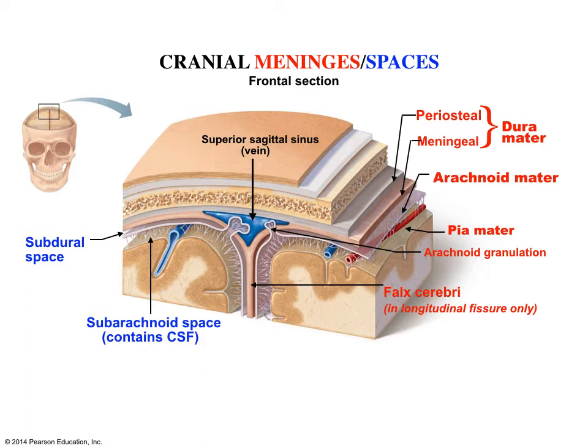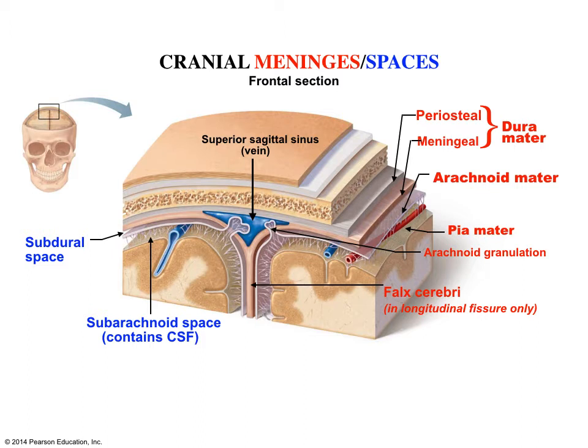The dura mater has two parts, periosteal and meningeal. In most areas, the two are fused. However, where they do separate, they form fluid-filled spaces known as sinuses. Effectively, these are veins. The largest is the superior sagittal sinus.